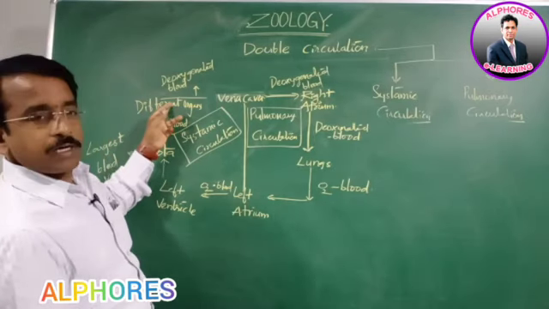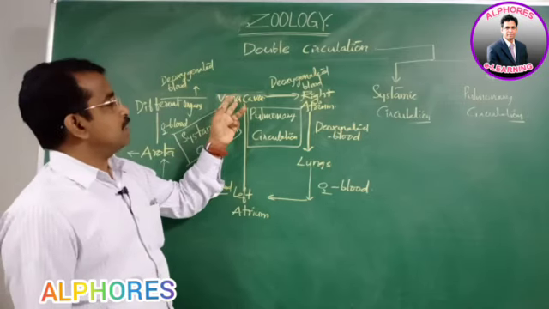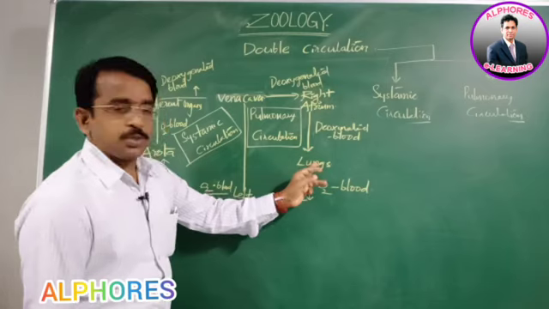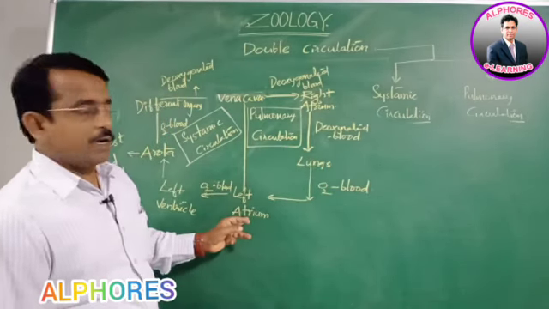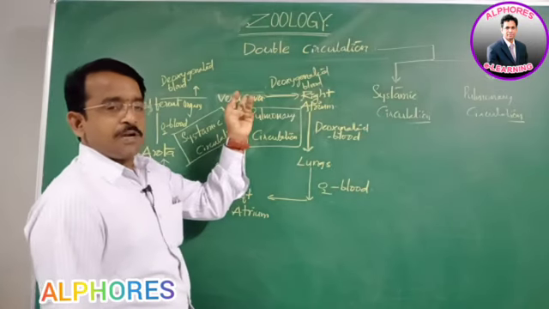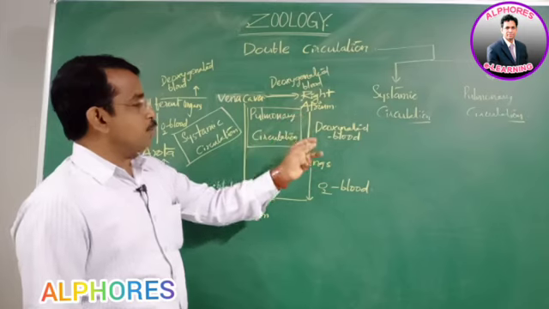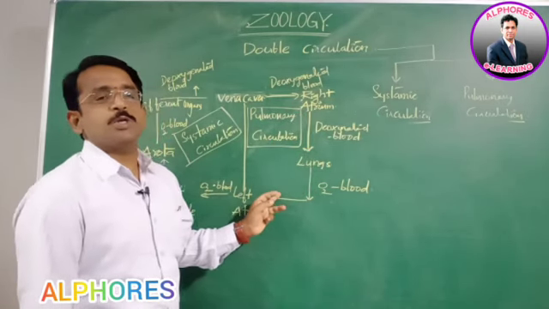From different parts, the deoxygenated blood is brought via the vena cava into the heart. From the heart, the deoxygenated blood goes to the lungs, and this is the pulmonary circulation.